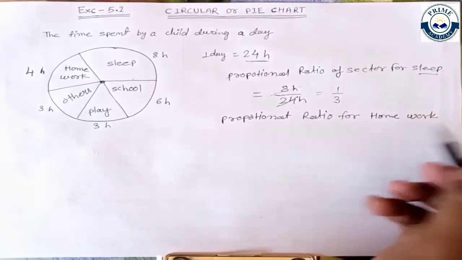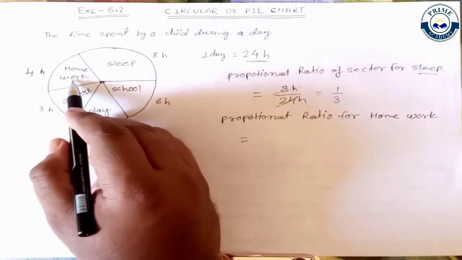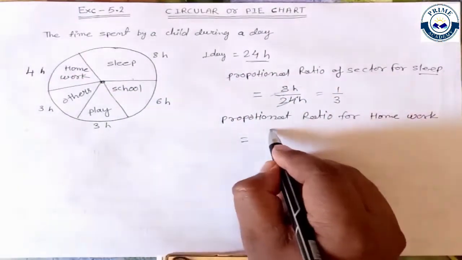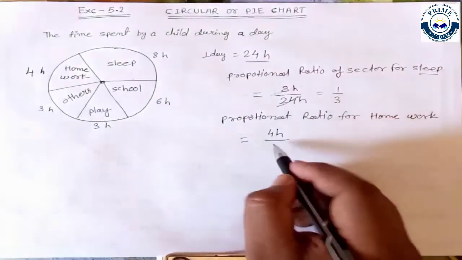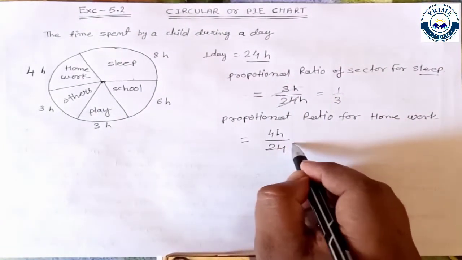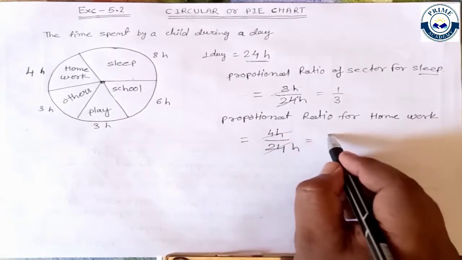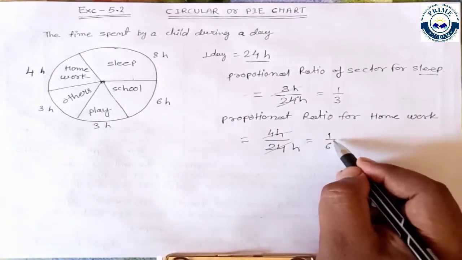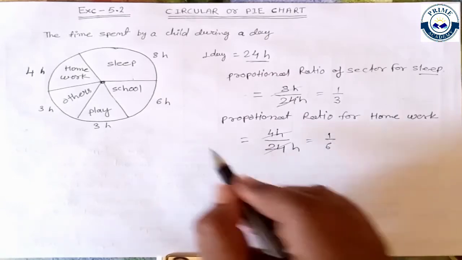How can you calculate the proportion for homework? You just observe here, homework he has spent 4 hours. Just put 4 hours here. And what is the total time? The total time of a day is 24 hours, right? You just cut it out, 4 sixes are 24, so you get 1 by 6. So 1 by 6 portion of time he has spent on homework.